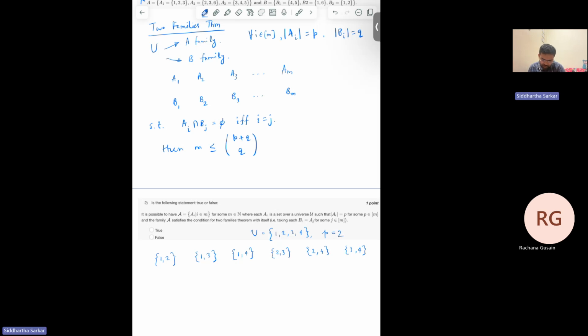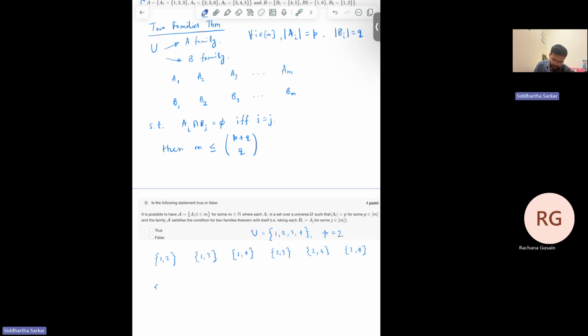So now what I want to do is pick one of these sets and call it B1, such that A1 intersection B1 is the empty set. Of course I cannot take a set that contains 1, 2, so I have to take 3, 4.